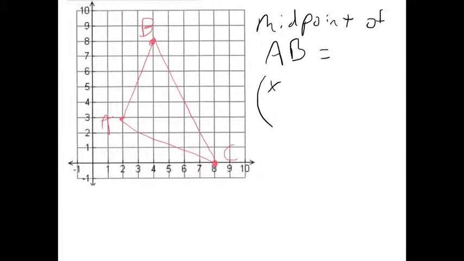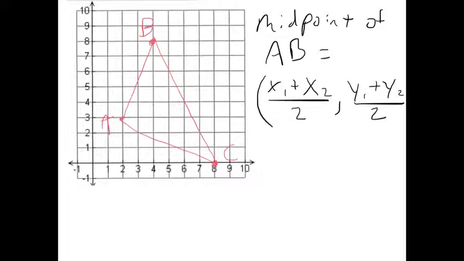So we've got x1 added to x2, all over 2. And the y coordinates are the average of the y's. So you add the y coordinates together and divide by 2. And that's the midpoint.